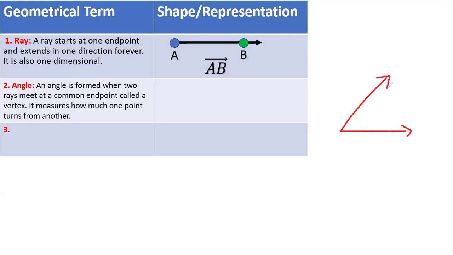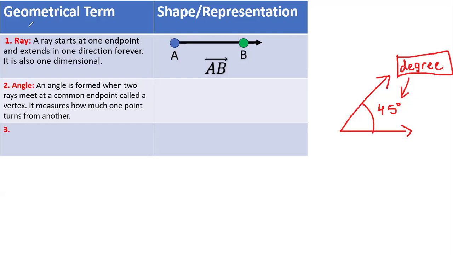Let's say we have this angle, and if we were to give an approximation, maybe let's say 45 degrees. So degrees is what we use to measure angles. But is there another unit besides degrees that we could use?